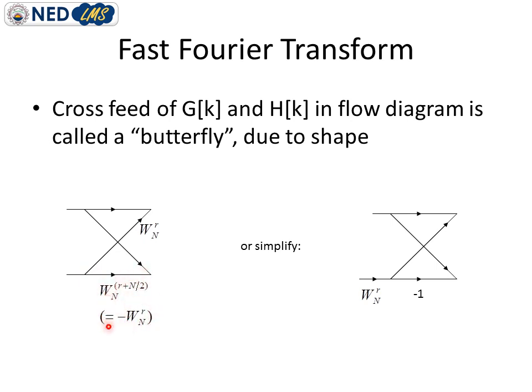So this diagonal line is multiplied with +1 and this straight line is multiplied with -1. So here is the basic structure of the fast Fourier transform.